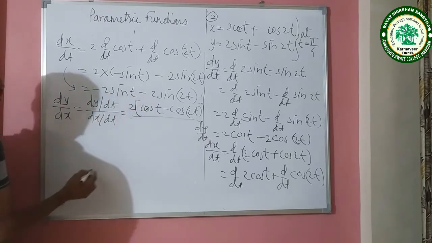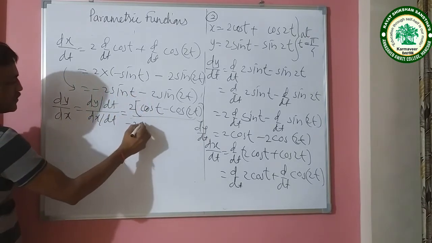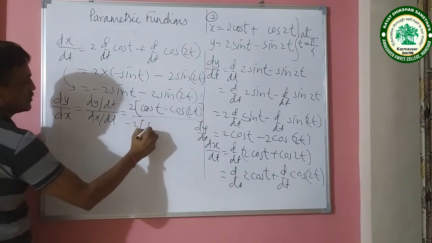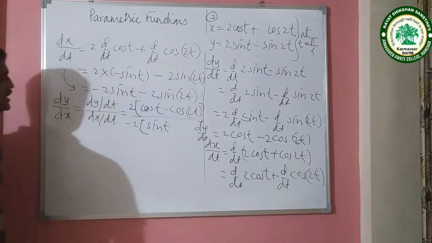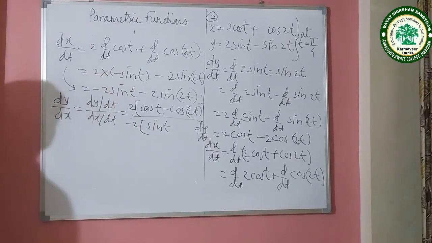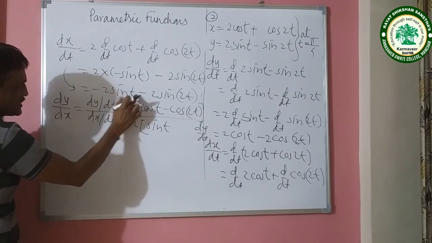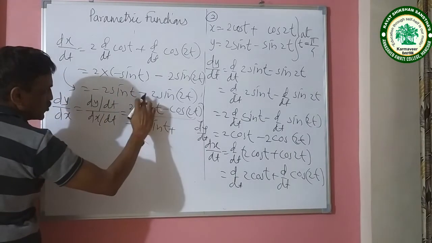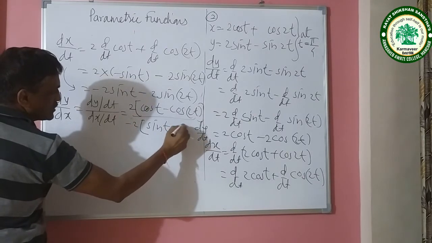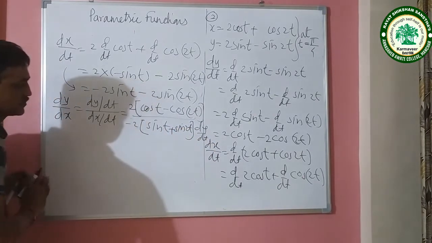Take minus 2 common. What remains? Sin t. As we take minus 2 common, minus 2, sin t remains, minus becomes plus, minus 2 will come out, sin 2t.